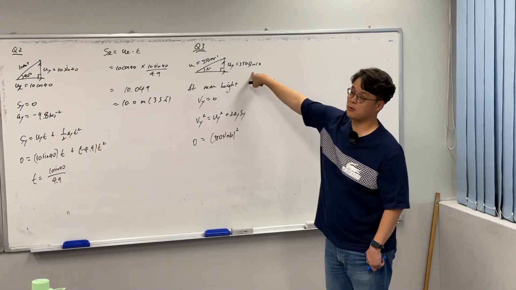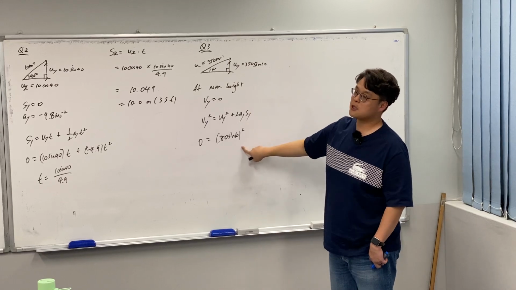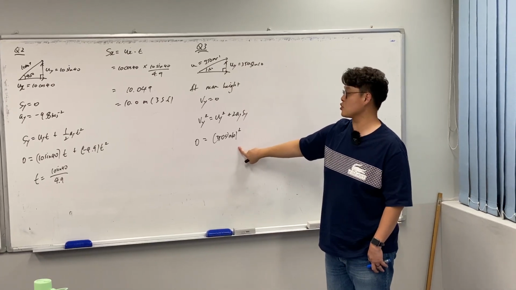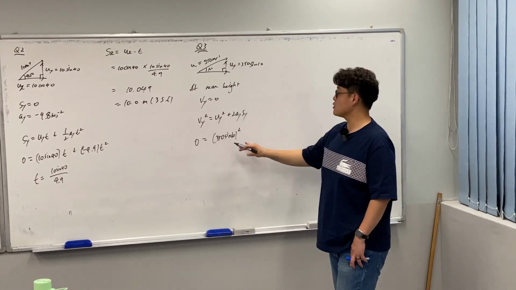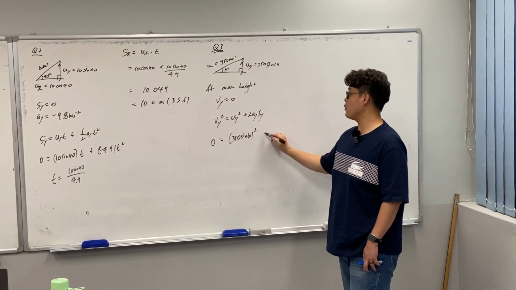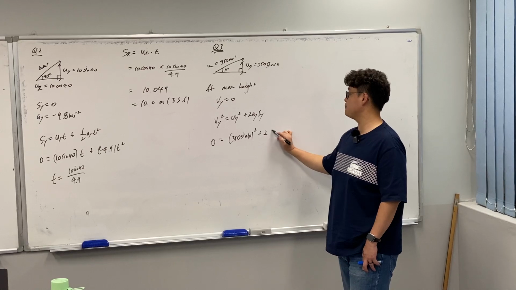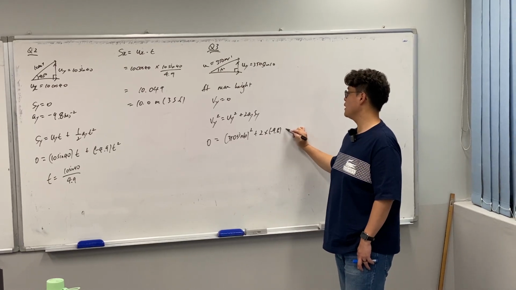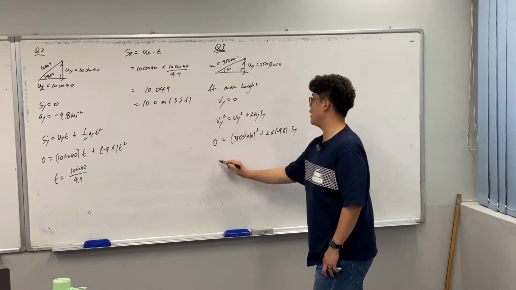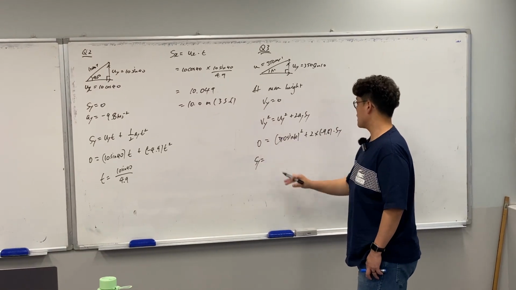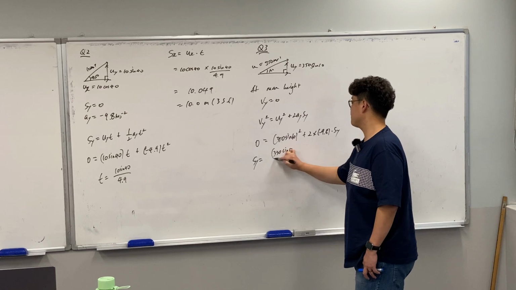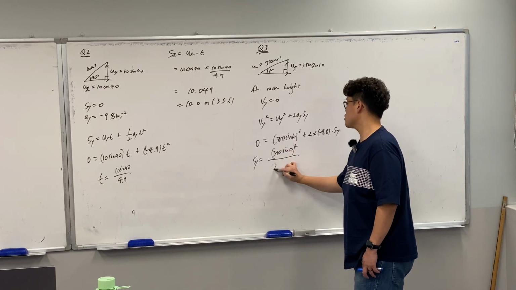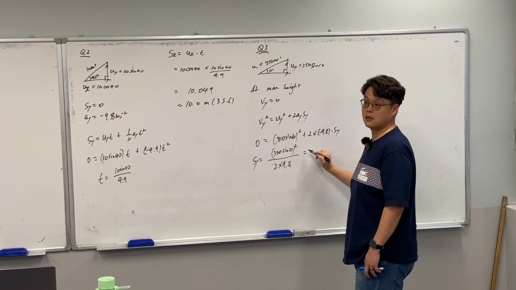Rather than using the decimal value of uy, it's much better to keep it in this form and use the exact values later on to avoid any specific errors. ay is minus 9.8, so plus 2 times minus 9.8 times sy. Moving sy to the other side, it's the same as 350 sine 10 squared divided by 2 times 9.8.